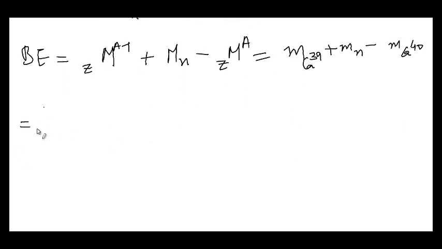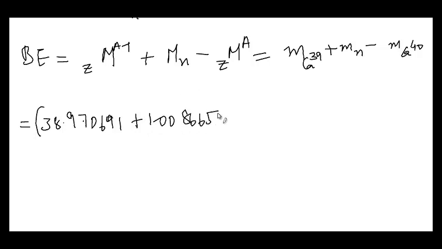Let us substitute these values and see what we get. This is 38.970691 plus 1.008665 minus 39.962589, into 931.5, just because you want it in terms of MeV.